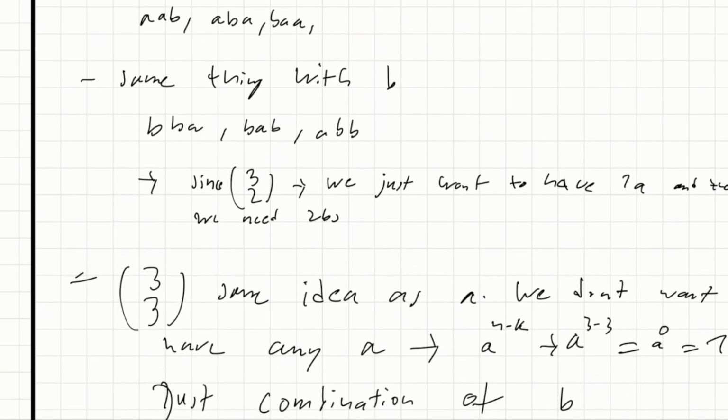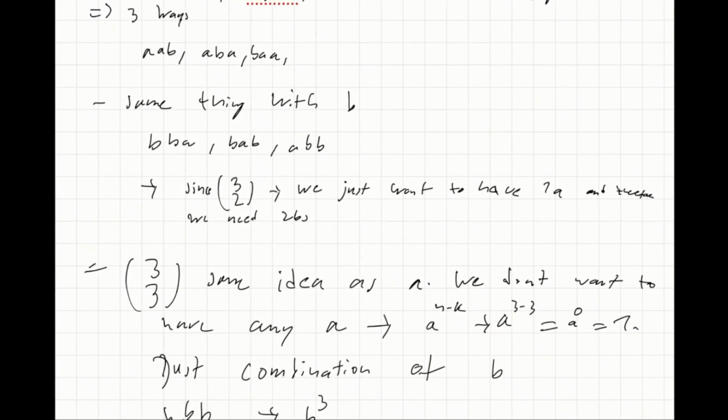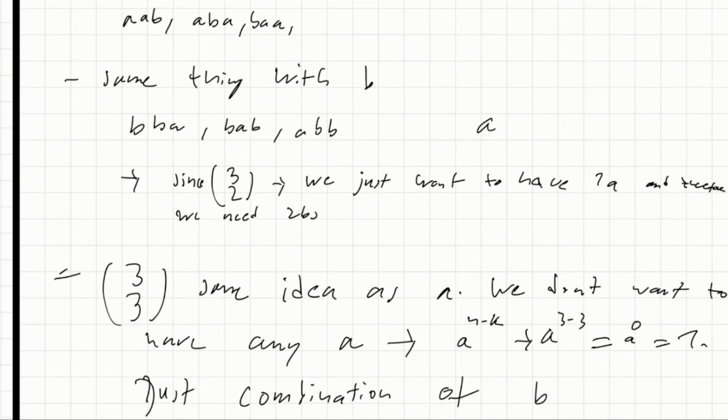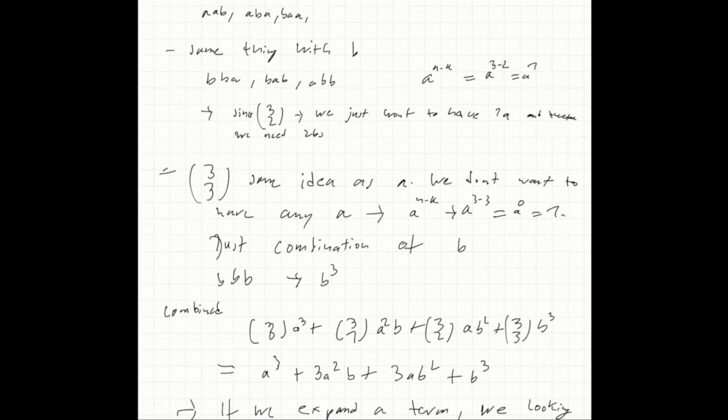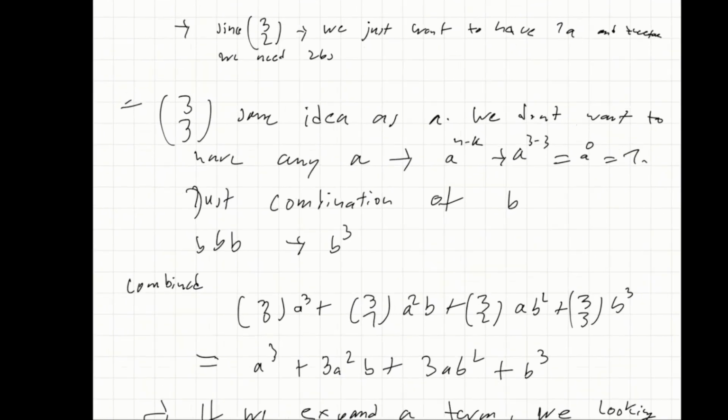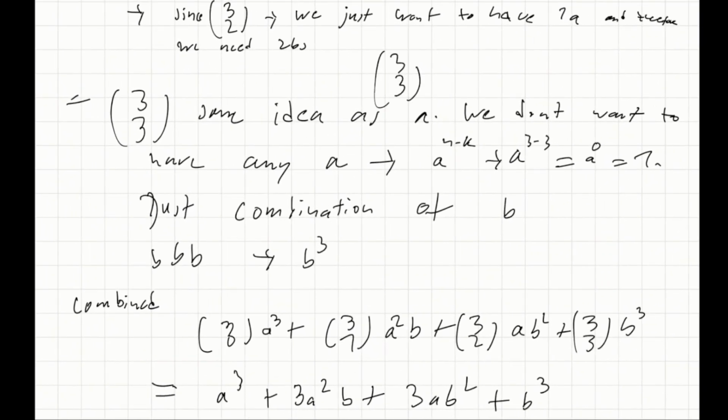Since 3 over 2, we just want to have 1 A, because a^(n minus k) is a^(3 minus 2), which equals a^1. Same idea as with A. If we have 3 over 3, we know we have a^(3 minus 3), which is a^0 and therefore 1.